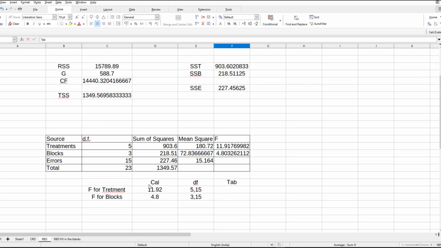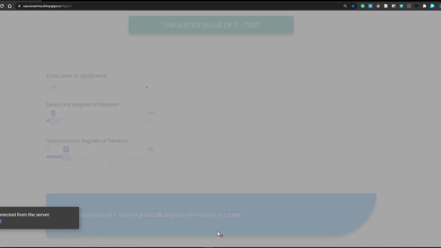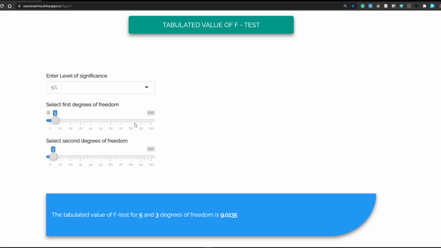We will now find out the tabulated value, and you don't have to prepare a table when you are doing it. To find the tabulated value, we will go back to this site. First we will check for 5, 15. For 5, 15 degrees of freedom, the value is 2.9013.